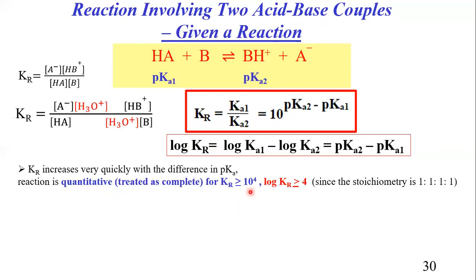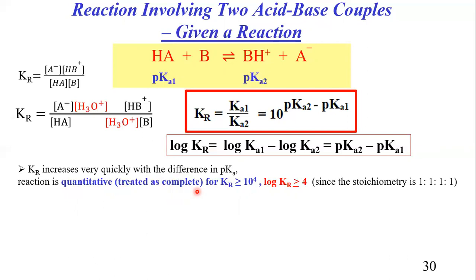And if it's greater than 10 to the 6, we called it complete. And how did we get it? We used alpha when alpha was 0.99 or 99% complete, that we called the reaction quantitative, and 0.999, we called it complete. Now we could have really done that derivation here, but it's a derivation which you already have.